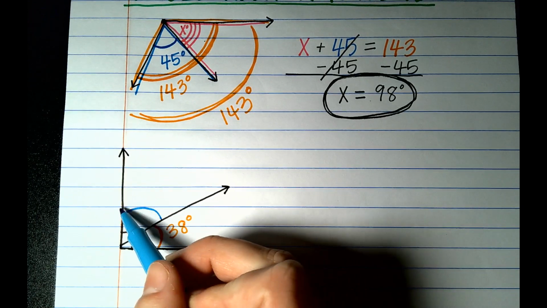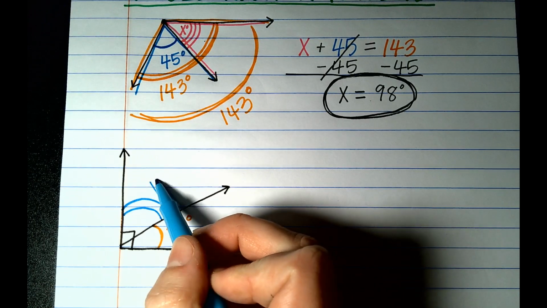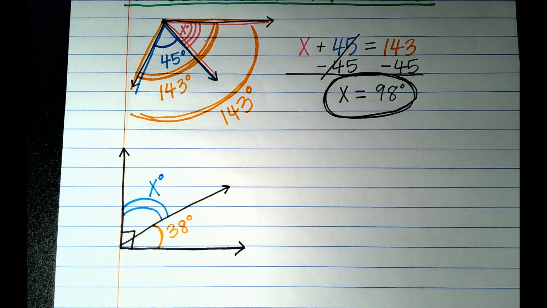This bigger angle here, I don't know, 52 degrees. Or would it be? Let me triple check. Something with a 2. I'm bad at mental math. Yep, you're right. Perfect.